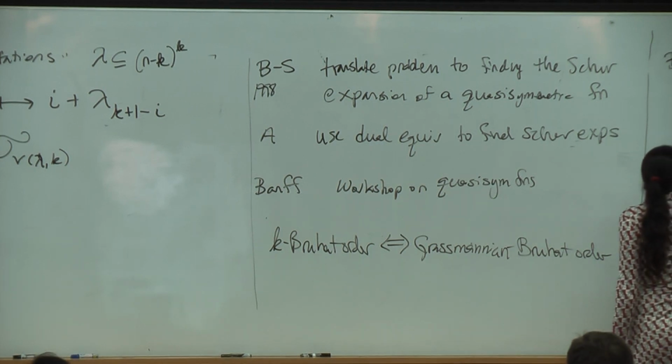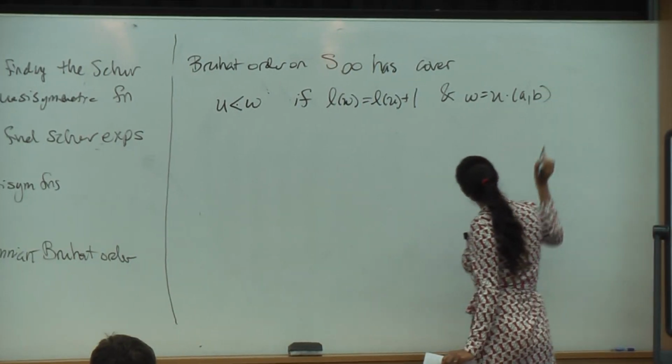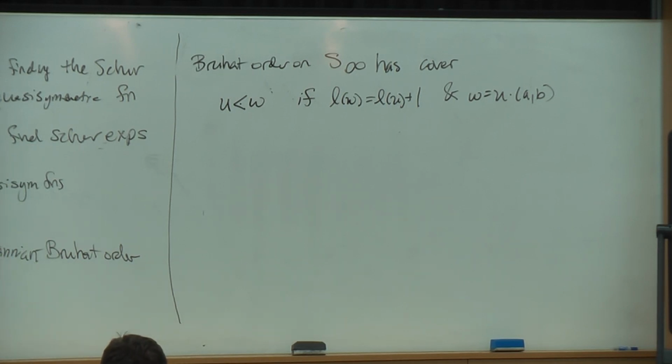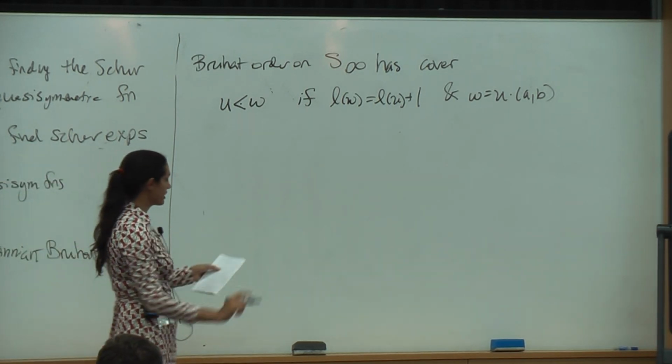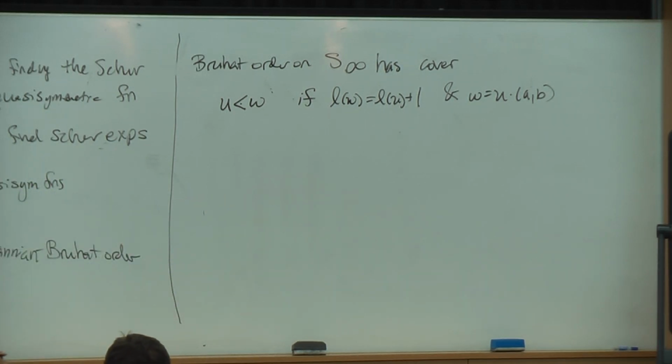So u is covered by w if, first of all, the length goes up by 1, and w has to be u times a transposition. So you multiply by a transposition and you go up. That's what Bruhat order is. Young's lattice, as I said, is add a box, so the size goes up by 1 and you have containment.